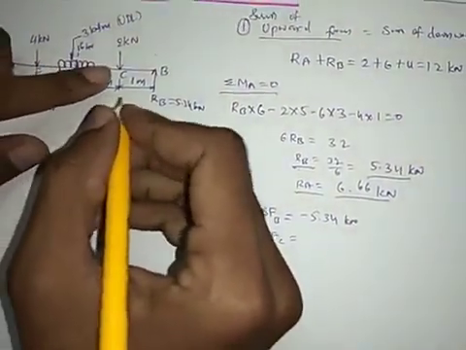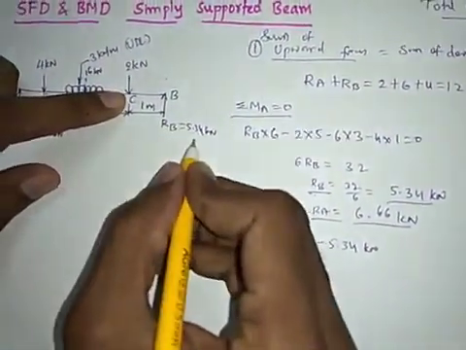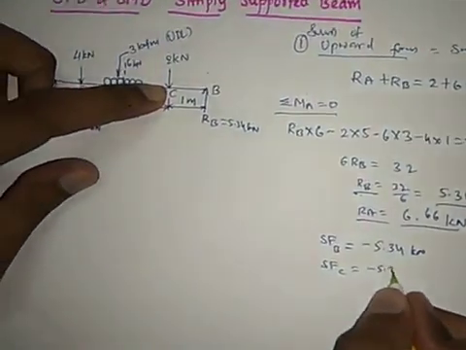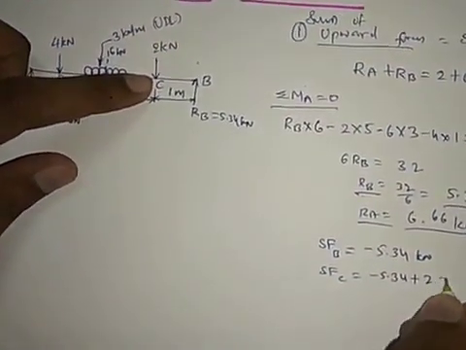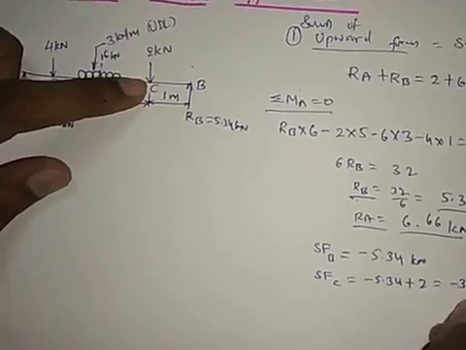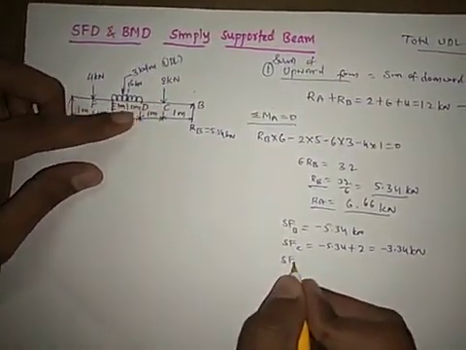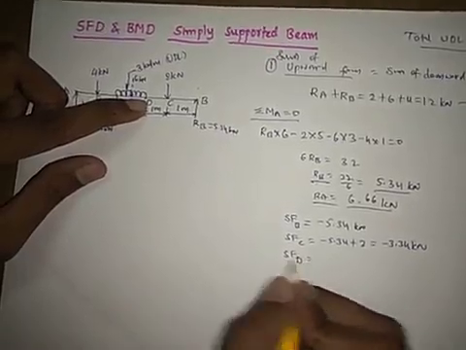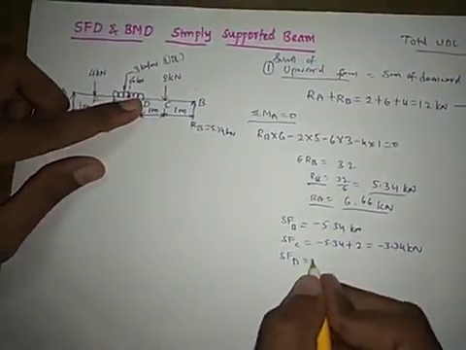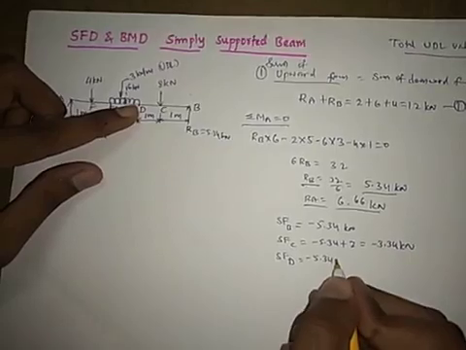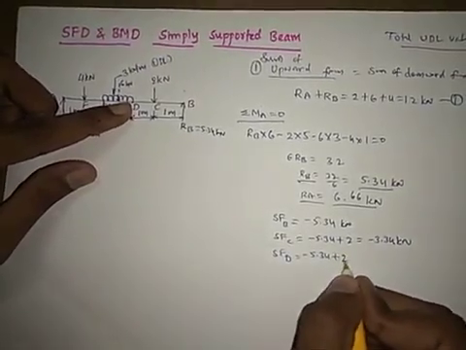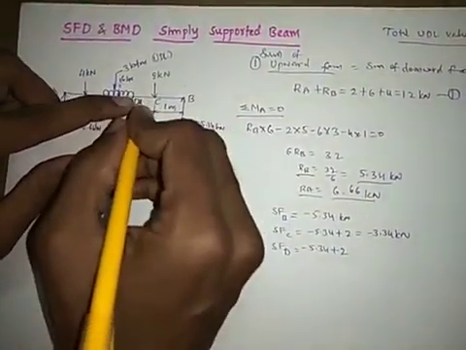Shear force at C. According to the definition, you have to do the summation to the right. So minus 5.34 plus 2, you will get minus 3.34 kilonewtons. Next, shear force at D. Sum of all the forces: minus 5.34 because going upwards, plus 2 going downwards, and there is no force to the right.